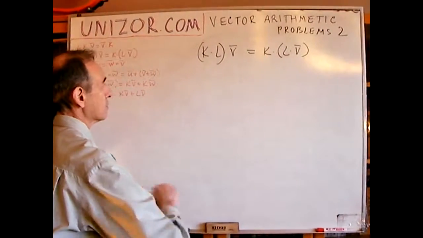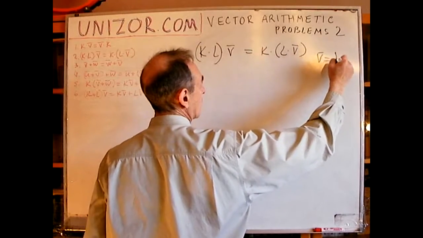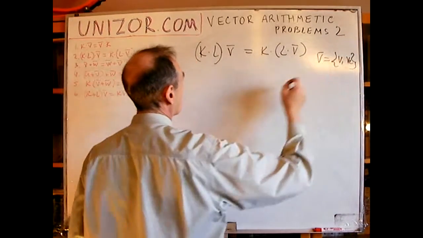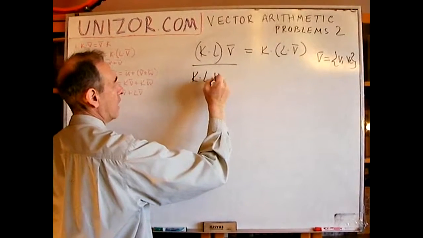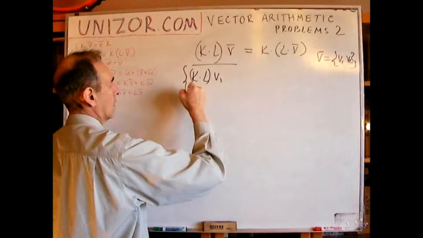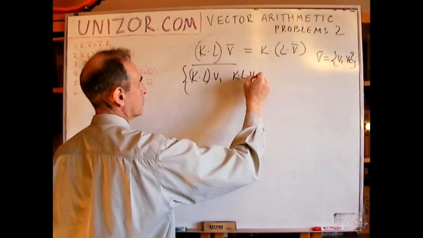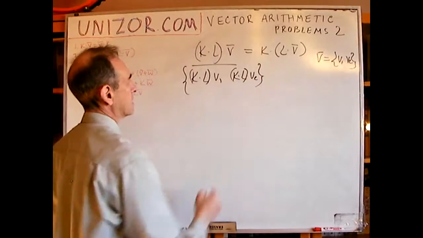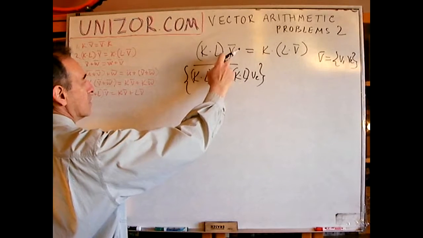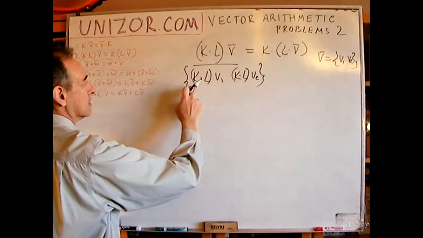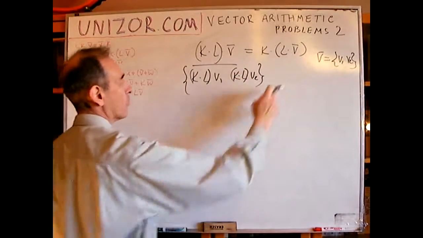For exactly the same reason. Again, if V is (V1, V2), then what is this? This is (KL V1, KL V2). That's what it is. So the tuple representation of this is this constant, K times L, multiplied by the first coordinate and by the second coordinate. Now, what is this?